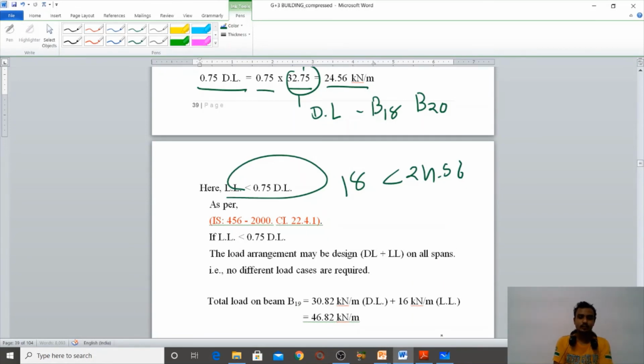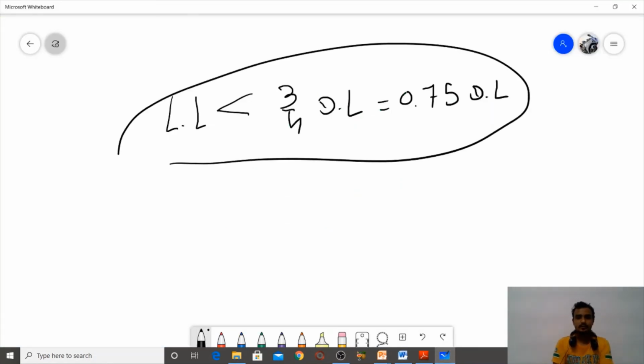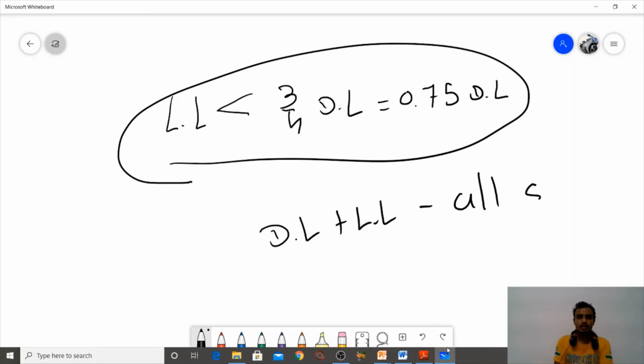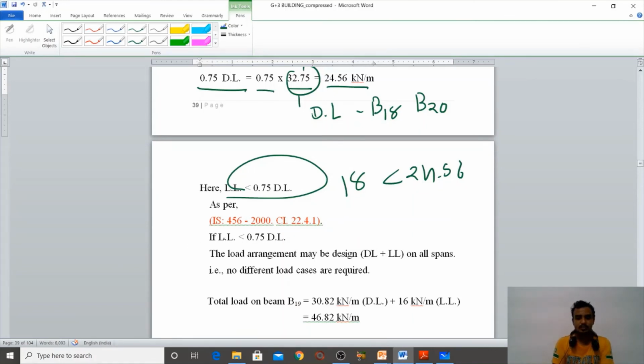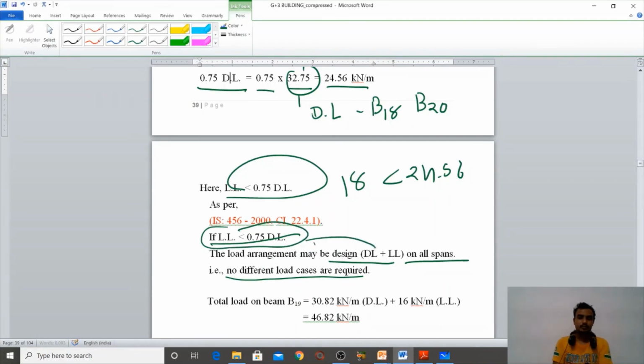So when this condition is fulfilled, we take dead load plus live load on all spans. Here the live load is less than 0.75 dead load, so the load arrangement may be design dead load plus live load on all spans. There are no different load cases required.